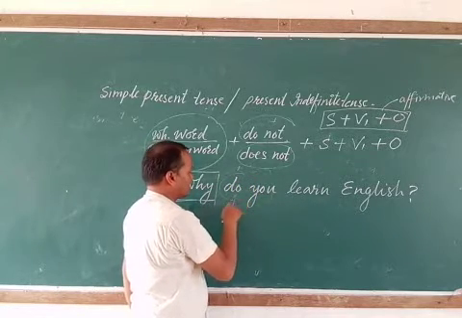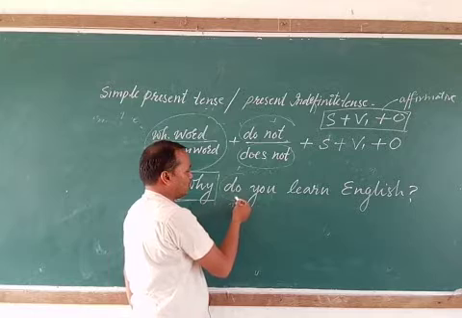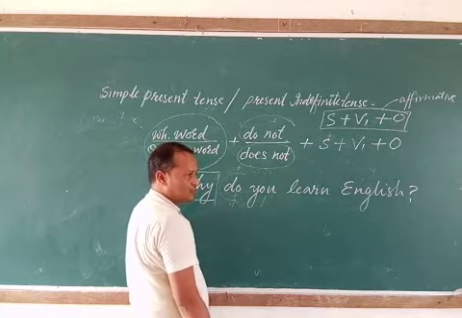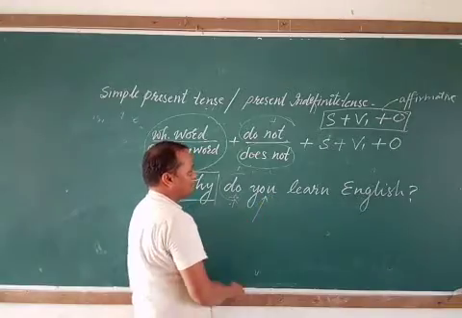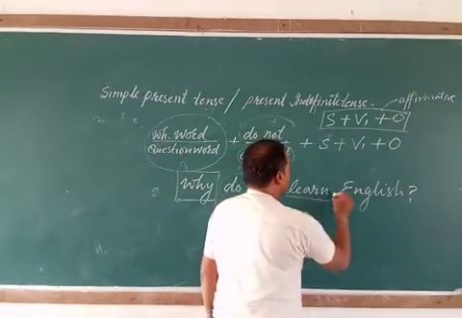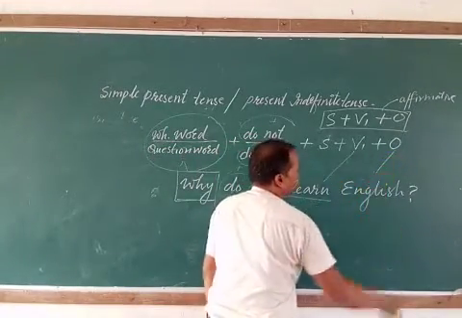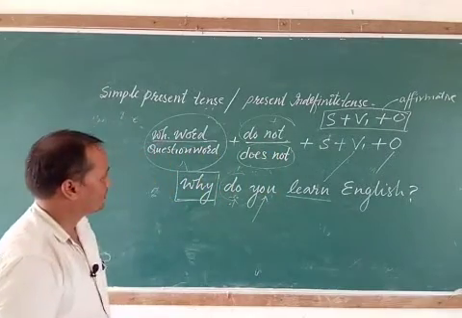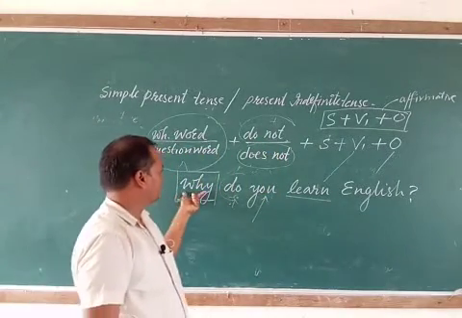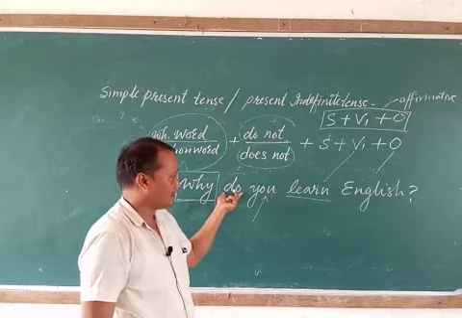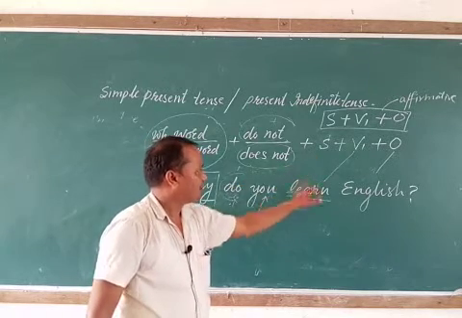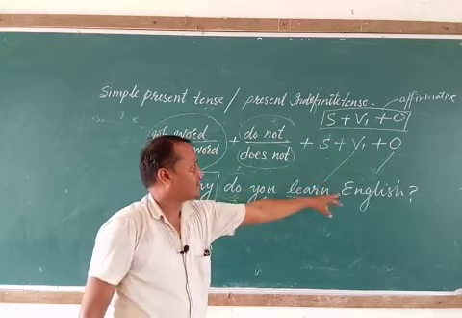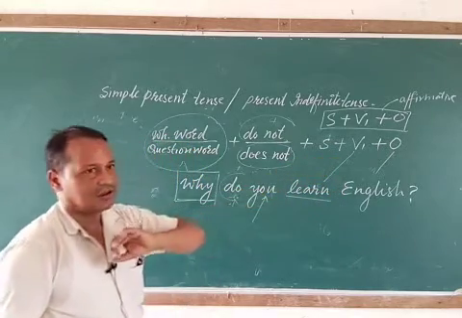I used do according to the subject you, because do is used with you. Learn is the verb and English is the object. So you can see the order: question word, do or does, the auxiliary verb, plus you, the subject, learn, the verb, object, other.